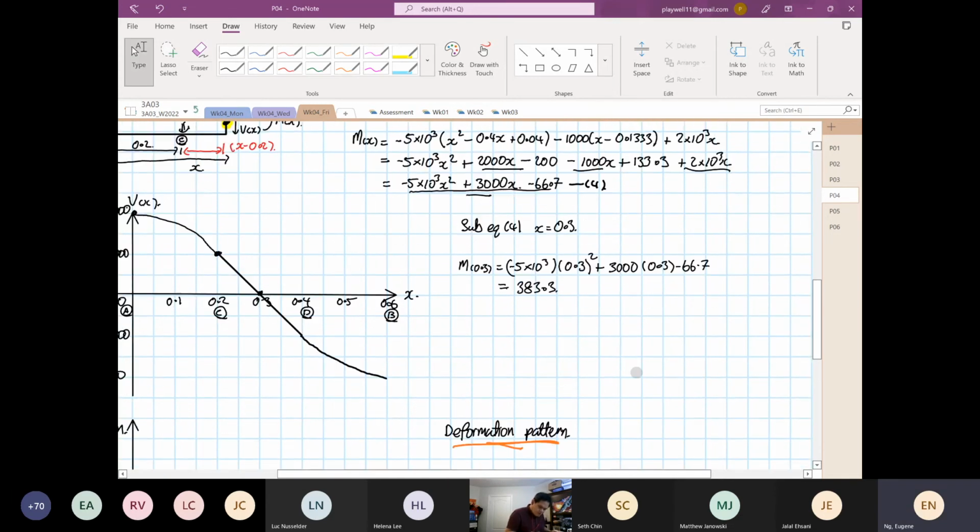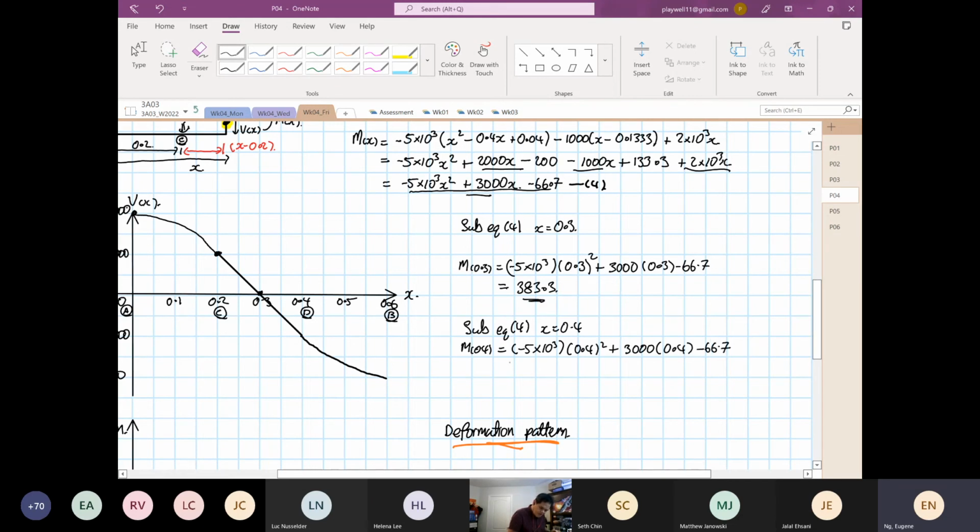So if we were to substitute equation 4 where x is equal to 0.4, so M at 0.4, you have minus 5 times 10 to the power 3 times 0.4 squared, plus 3000 multiplied by 0.4, minus 66.7.